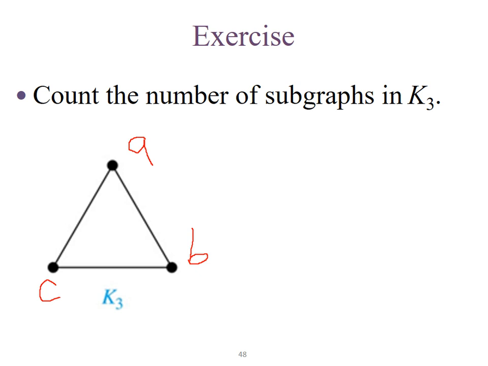So how many subgraphs if we have edges between 2 vertices? 6. Why? Okay, so I mentioned if you choose AC, because we have AC, AB, and BC, we have no edges.